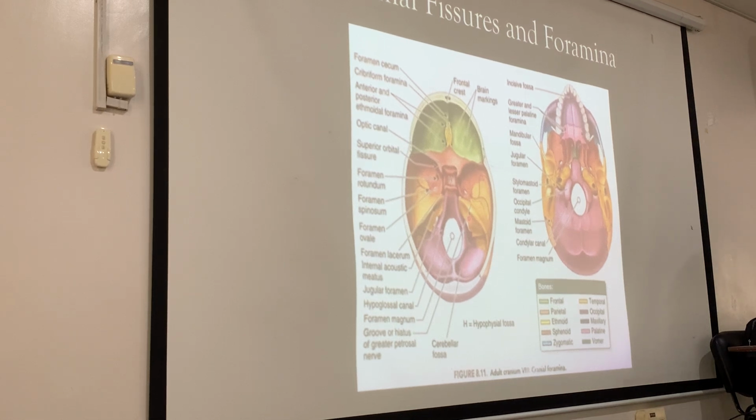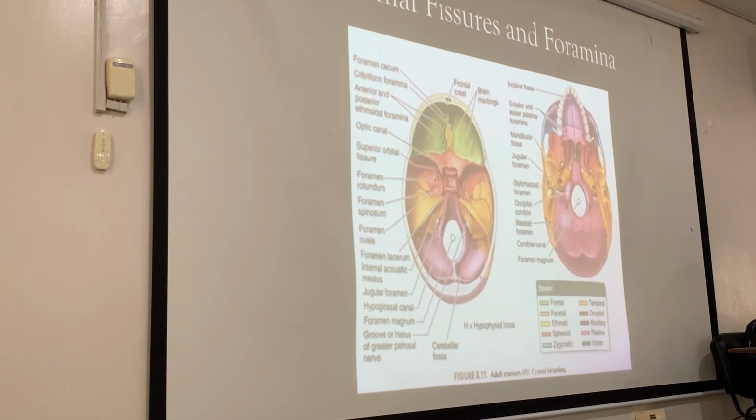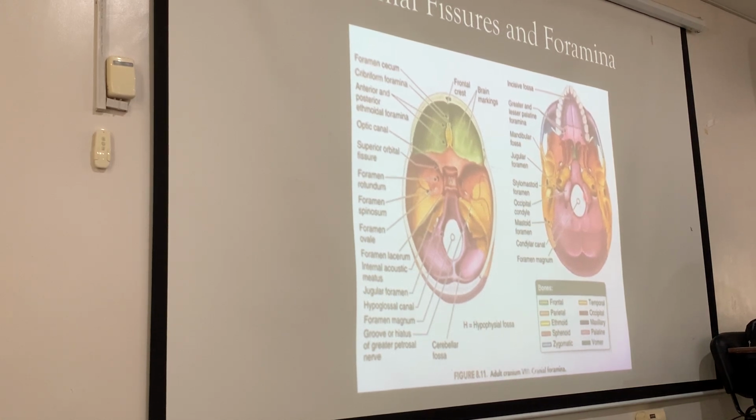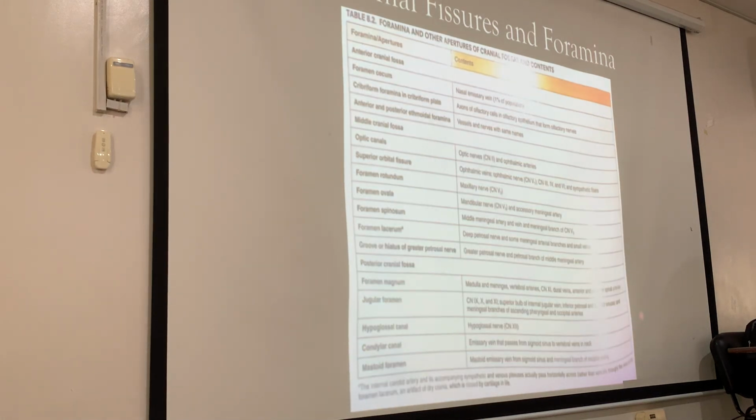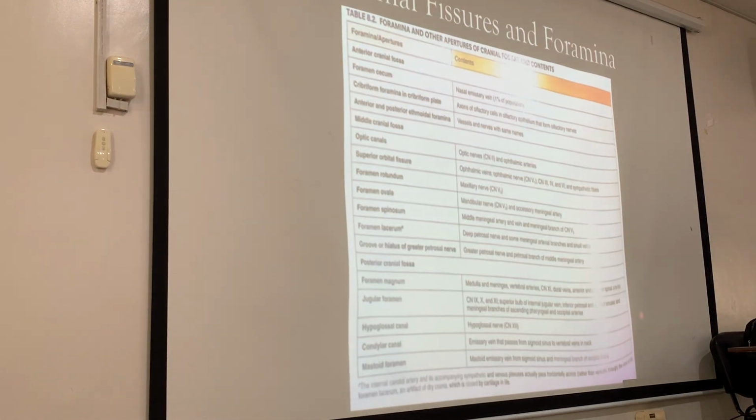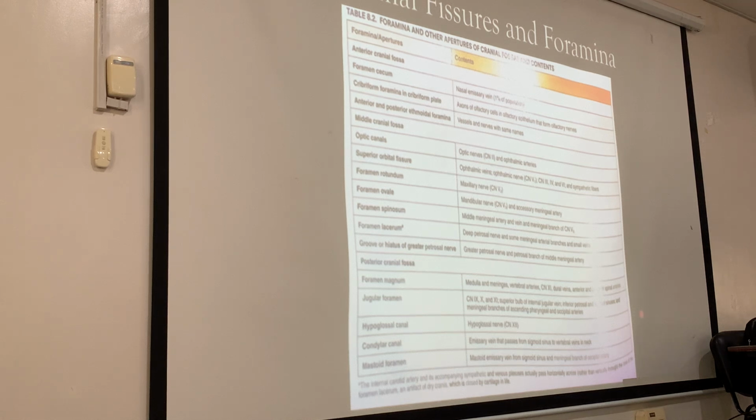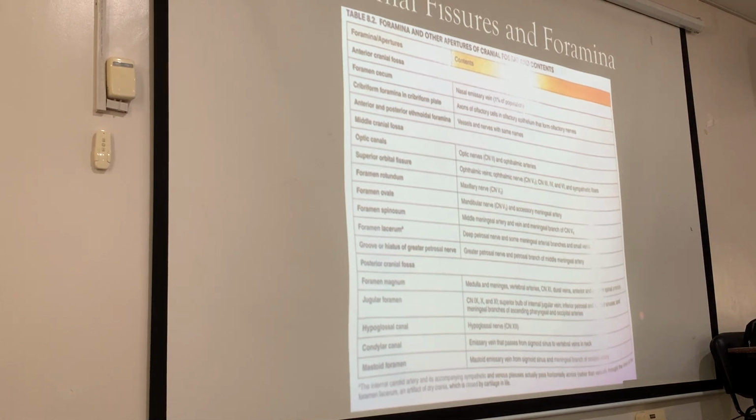And we can also reverse the skull, and we see the different foramina. So again, the foramen magnum and the different foramina labeled here. Okay, so this is again an illustration from Moore. And this is a tabulation telling us the contents of the different foramina.